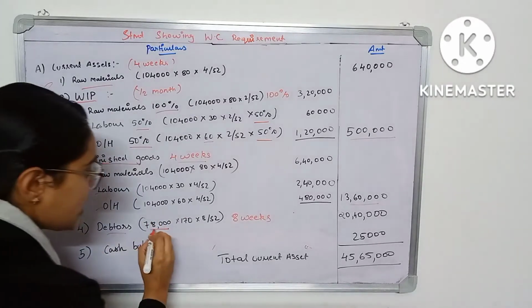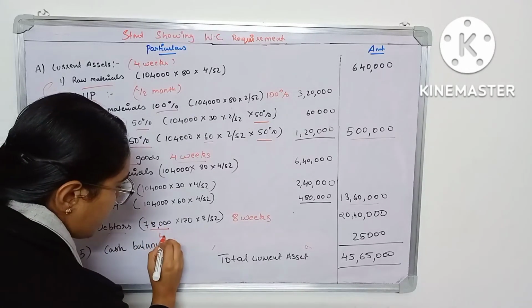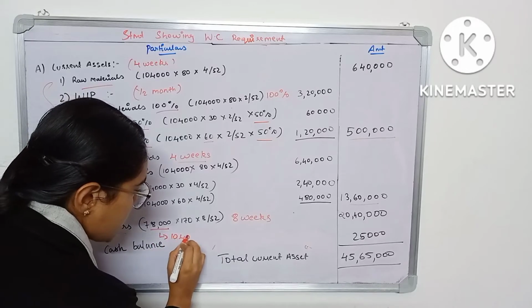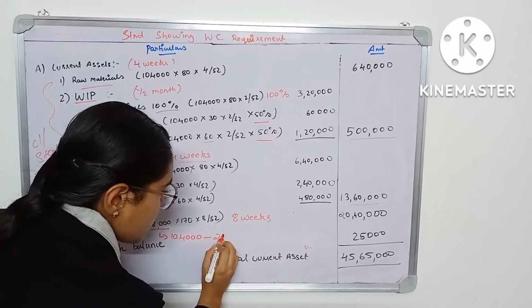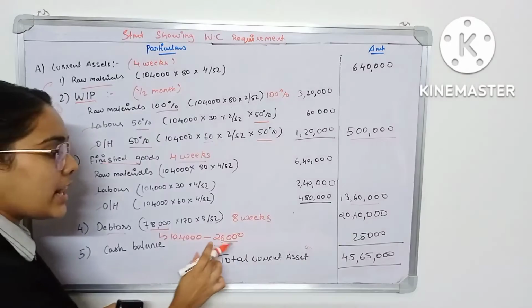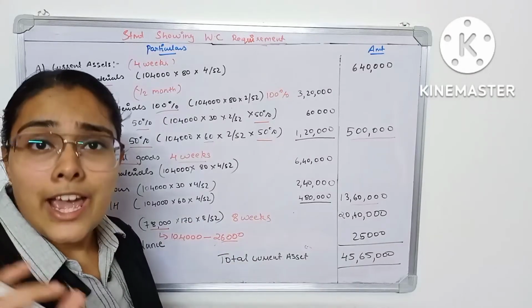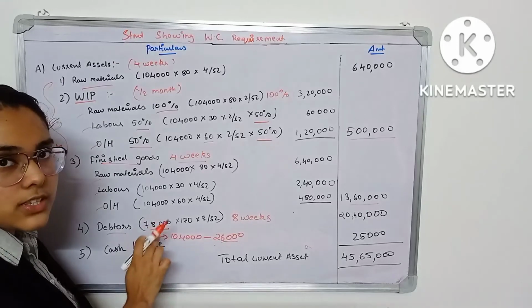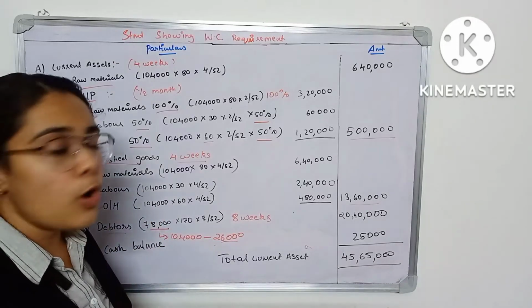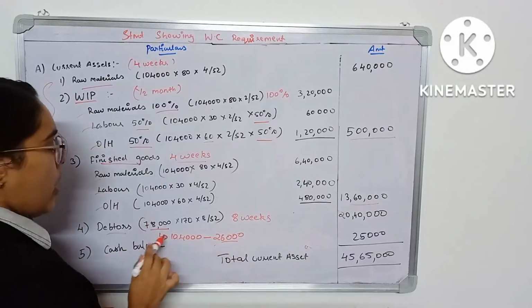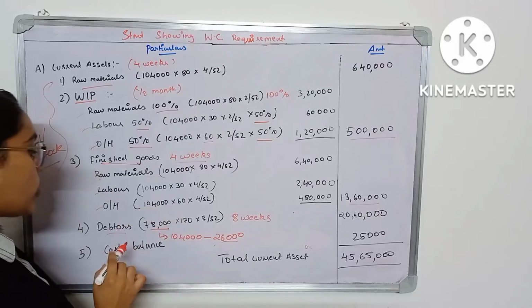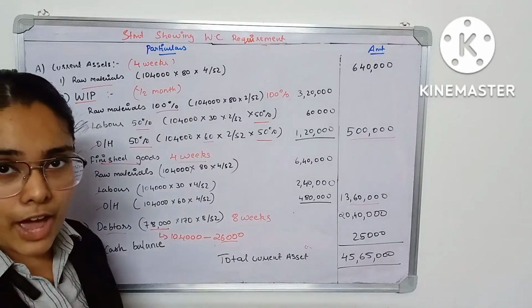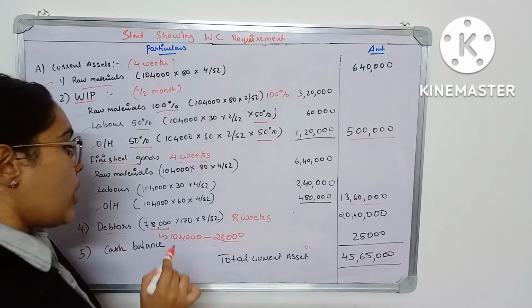So have you got this? 1,04,000 minus 26,000 is the level of goods sold for cash, so you deduct this, and you will get 78,000, which is the level of output that is sold for credit.